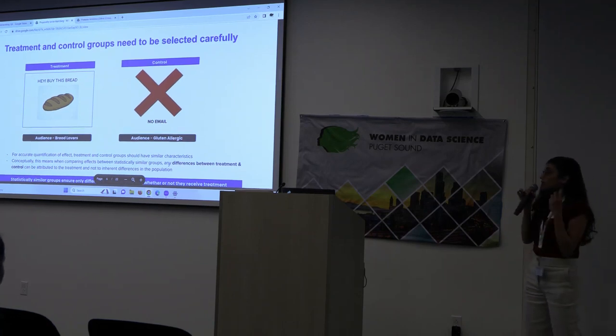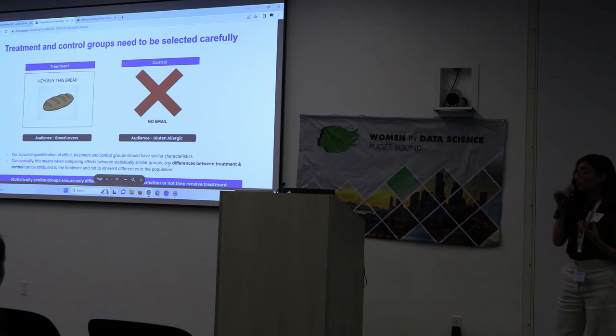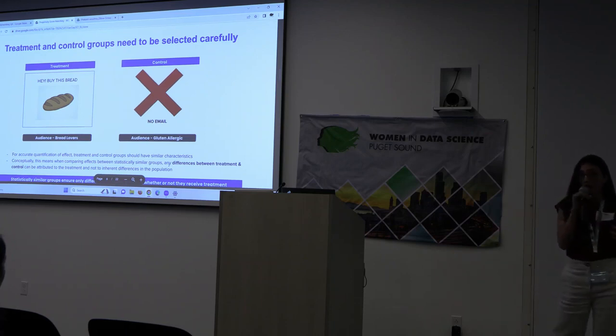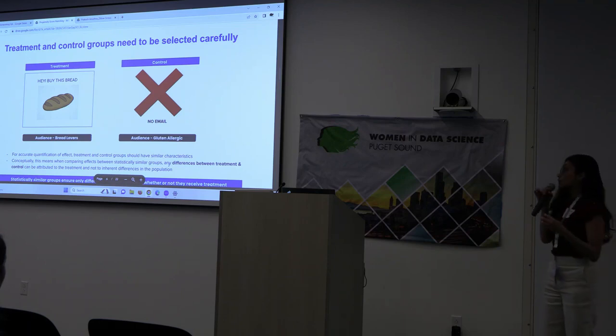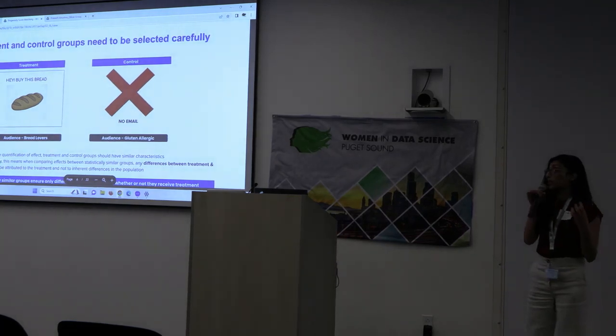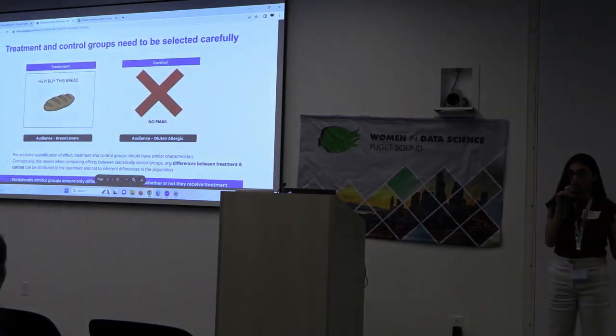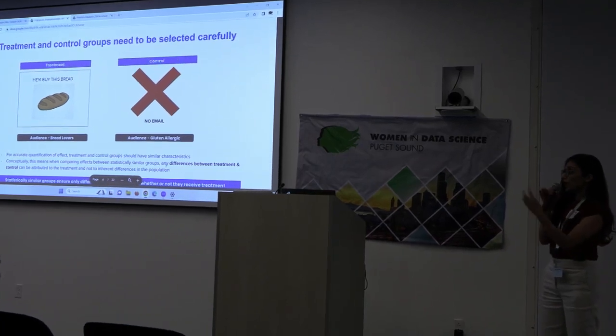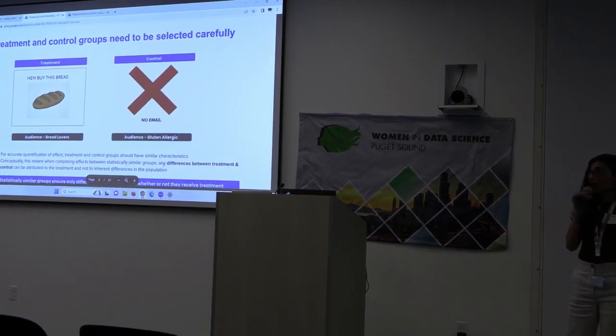But the amount of sales that you see from these two groups are going to be different, and naturally the people who are bread lovers are going to have a higher amount of sales. So does that mean that your marketing campaign was effective? Your email was actually driving the sales? That's not true, right? Mostly the sales will increase because the inherent populations that we are comparing are not similar.